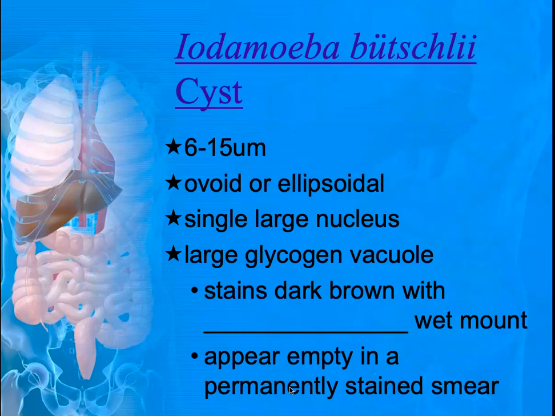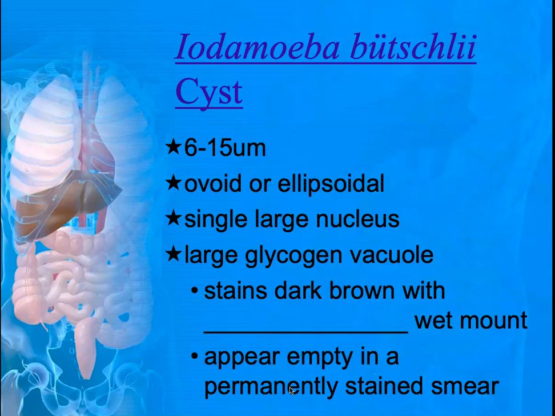It's just a clearing in the permanently stained smear. So far, all of the cysts we've talked about contain multiple nuclei. Iodamoeba bütschlii is unique because its cyst will never have more than one nucleus. Plus the presence of that large glycogen vacuole makes it very characteristic.